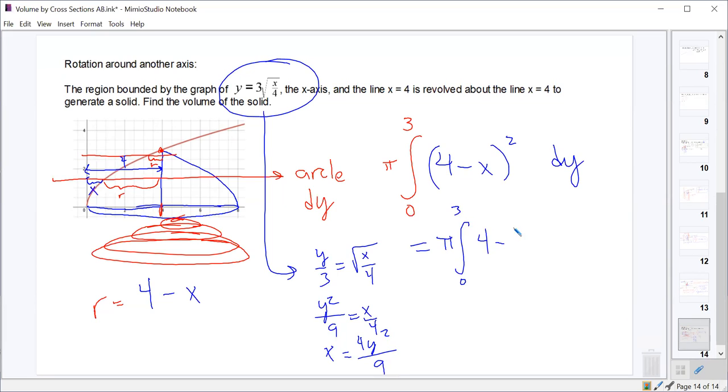So this should give us 4 minus 4y squared over 9 squared dy. That makes sense to everyone?